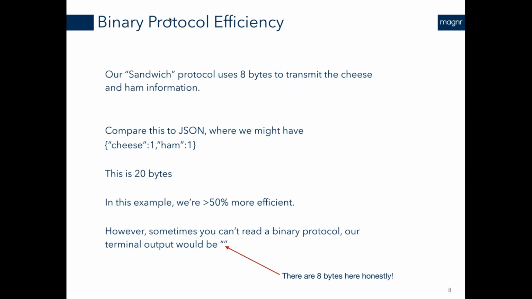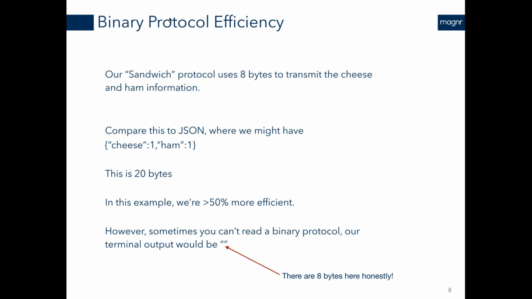I would have an object defined by the braces, I'd have a key of cheese and a key of ham, and I'd have an integer of 1 and 1 for each. Now if I transmit that over a network, that message size is 20 bytes in length. So our binary version of the sandwich protocol is 8 bytes. Our non-binary JSON version of the same protocol is 20 bytes. So we can see that the binary protocol version of this protocol is a more efficient version of the protocol.